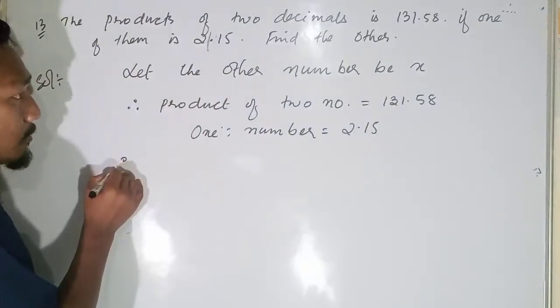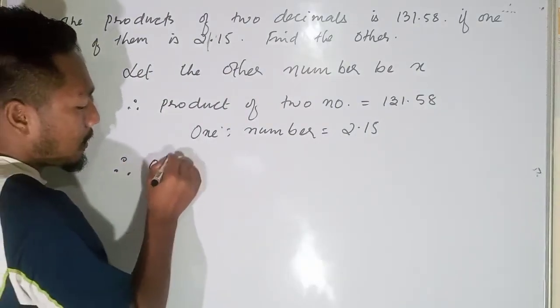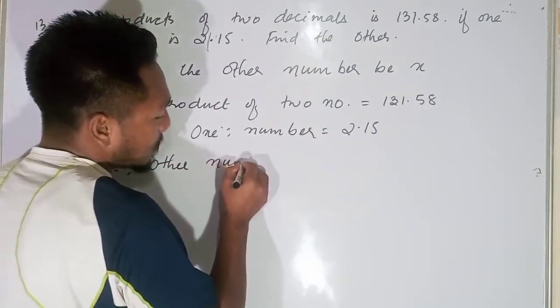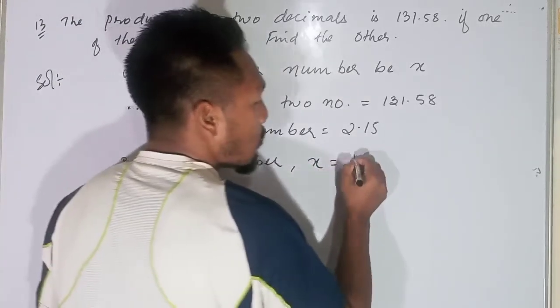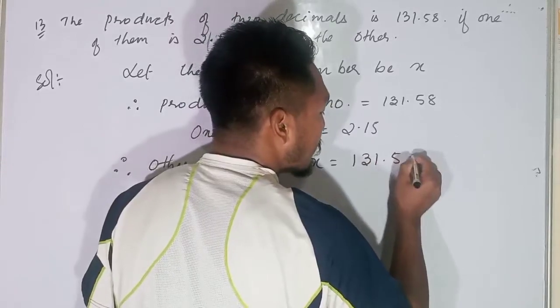Therefore, the other number, that is x, is equal to 131.58 divided by 2.15.